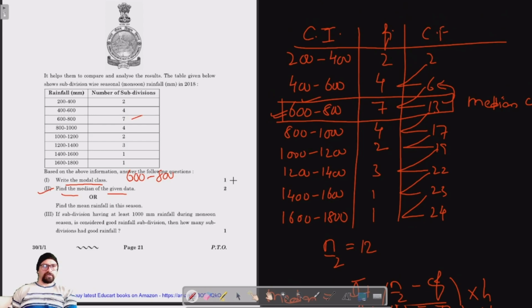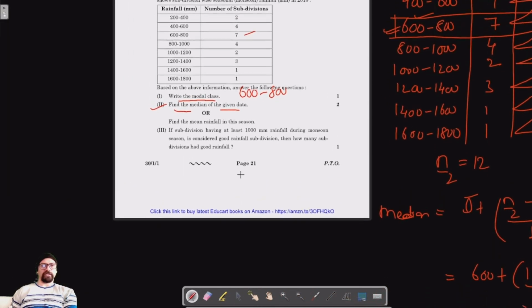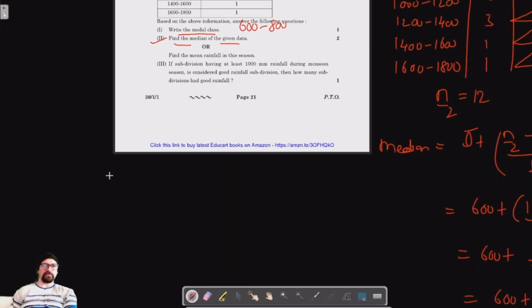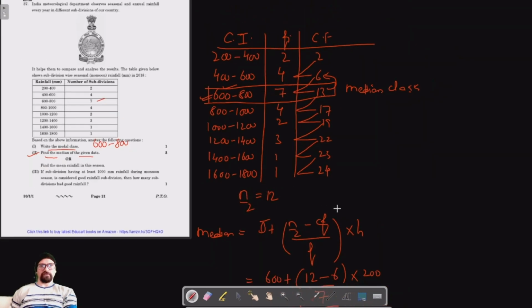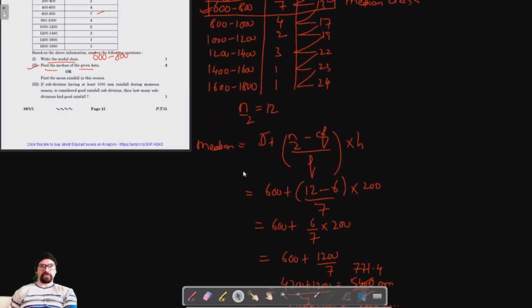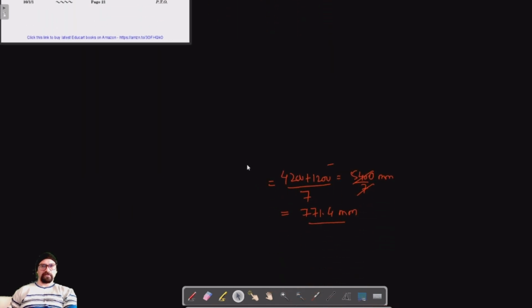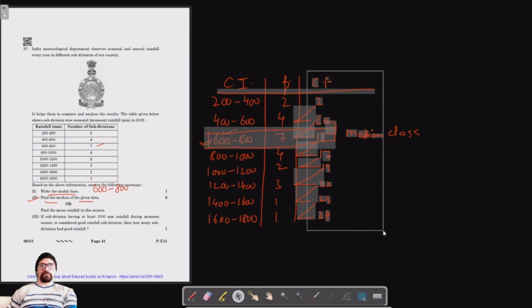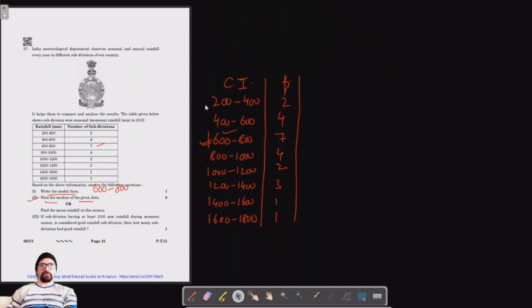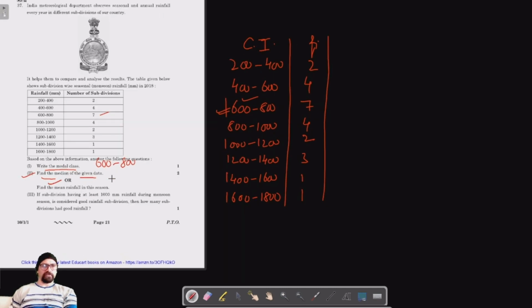And we also have to find the mean rainfall this season. So let's find out the mean rainfall. For that, let me keep this class interval and take off these data. Now we are going to find out the mean rainfall in this season.